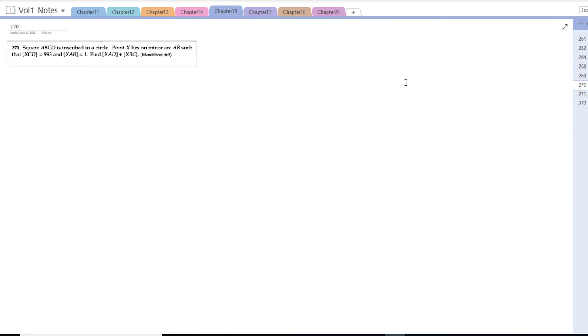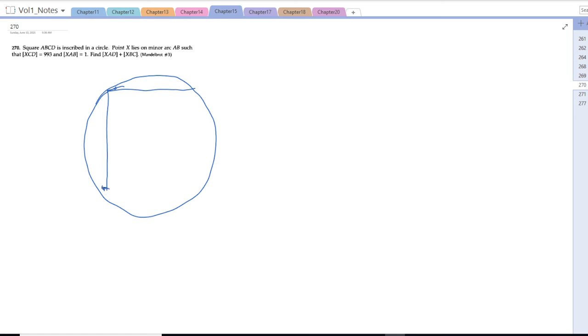Okay, then question number 270. So we have a square ABCD inscribed in the circle. So we have a circle. We have a square inscribed in this circle. Let's say it's ABCD, and the X lies on the minor arc of this, right?